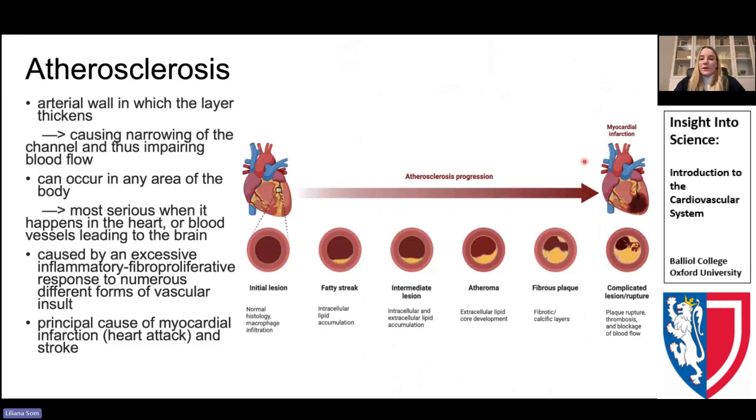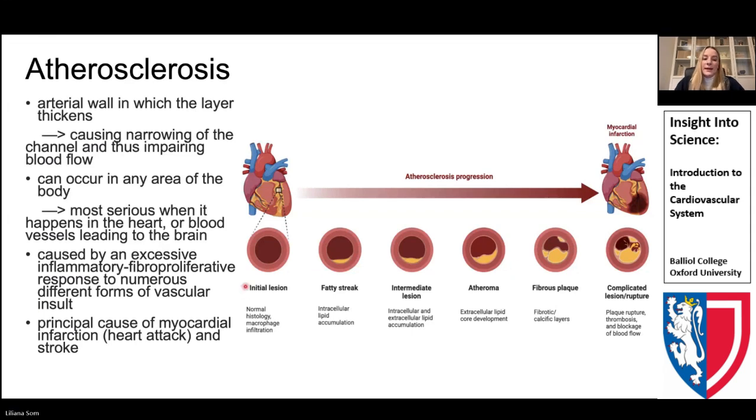So the underlying cause of a lot of heart diseases is atherosclerosis, and not just heart disease, because this can happen in any vessel in the body. It is a process where there is a plaque buildup in the arterial wall.